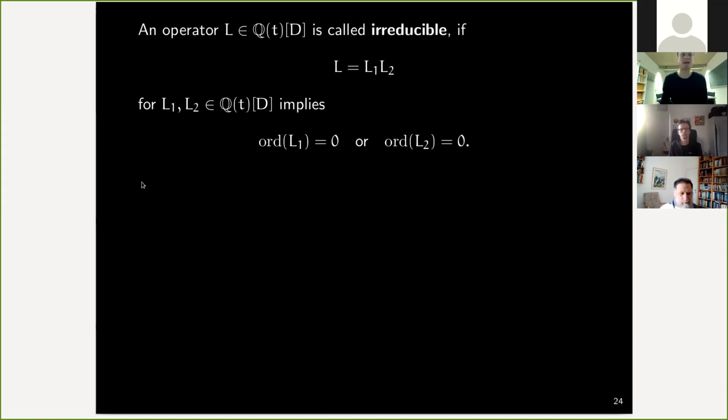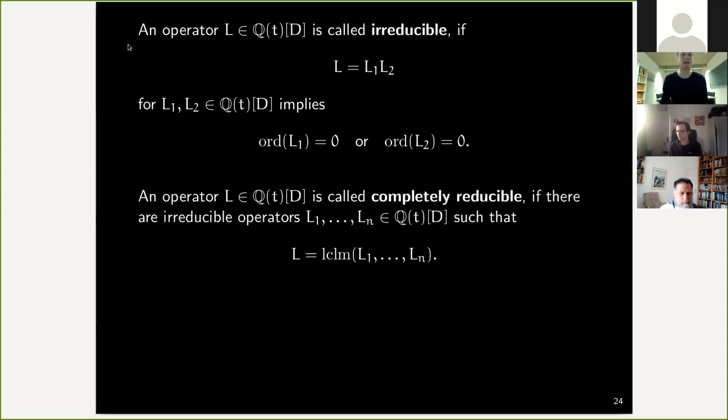Here's the definition. So we say an operator is irreducible if it cannot be written as the product of two operators of smaller order. And we say it's completely reducible if you can write it as the least common left multiple of irreducible operators, L1 up to Ln.